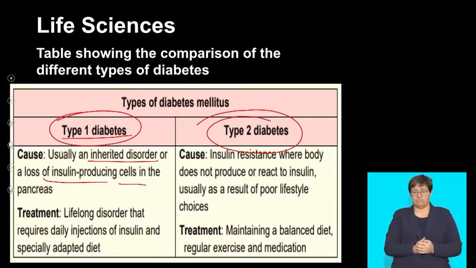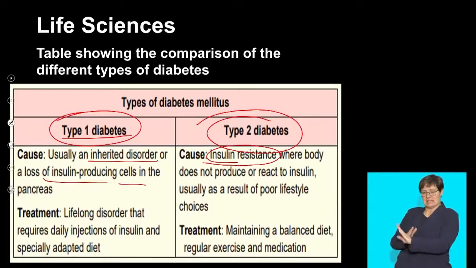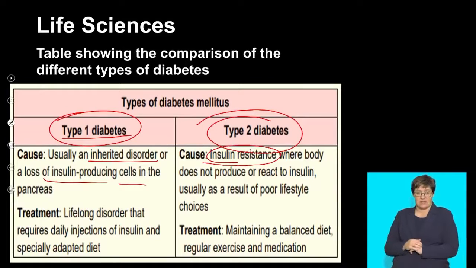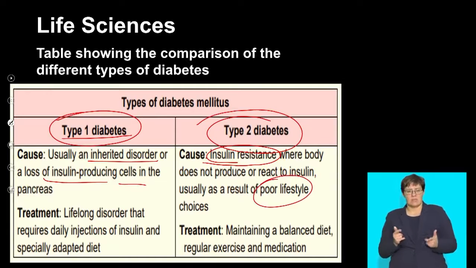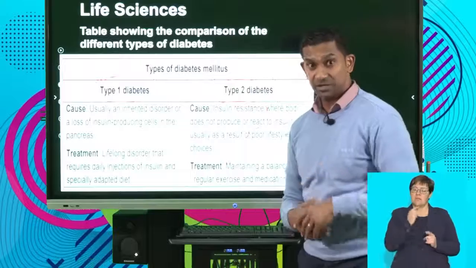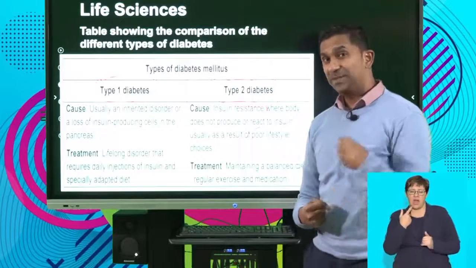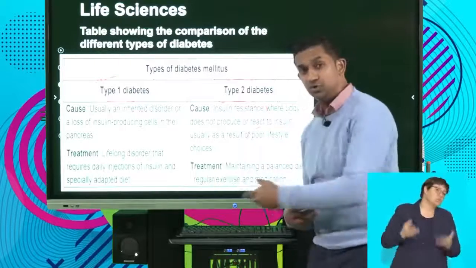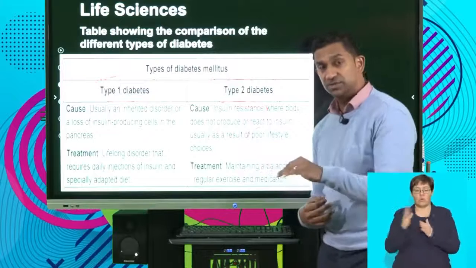Okay? If we compare that to type 2 diabetes, this is when the body develops resistance to insulin, and I often refer to it as a lifestyle disorder. Because of choices in our diet, we consume diets high in carbohydrates and sugar, where the pancreas needs to constantly produce insulin to reduce the blood sugar levels.